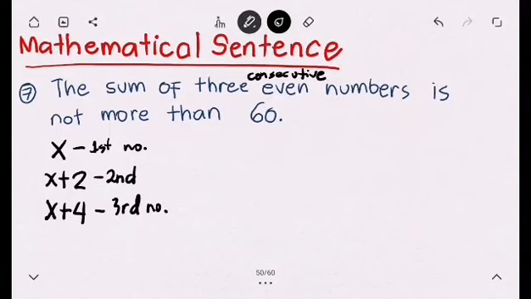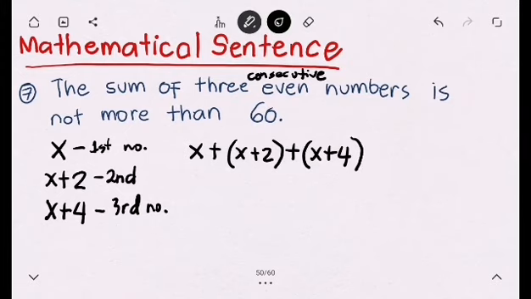So ibig sabihin, pwede na natin isulat as x plus x plus 2 plus x plus 4 is not more than 60. Ano yung gagamitin nating symbol kapag ang sentence is not more than? Pag sinabi natin is not more than, hindi lalagpas ng 60.